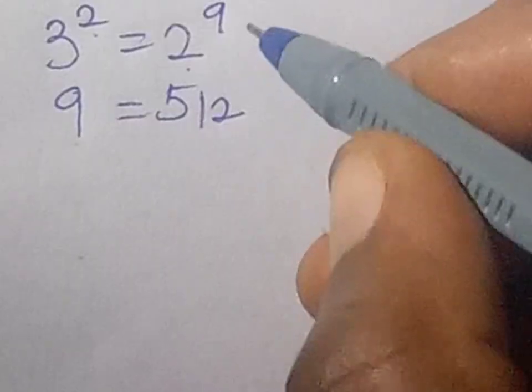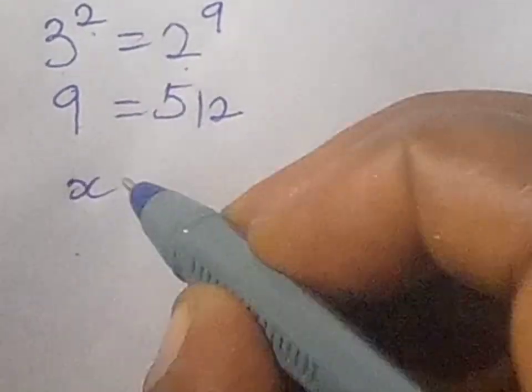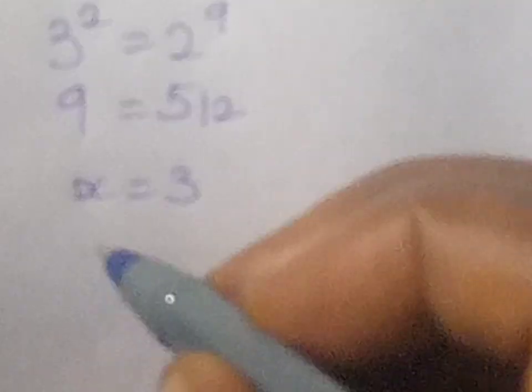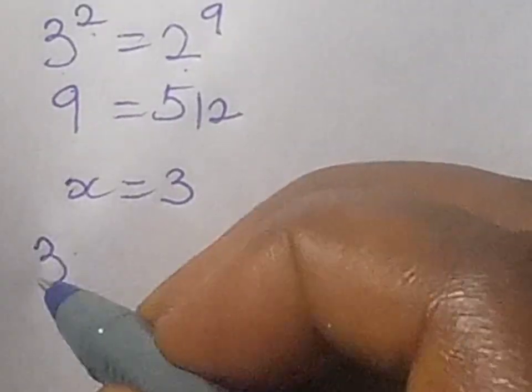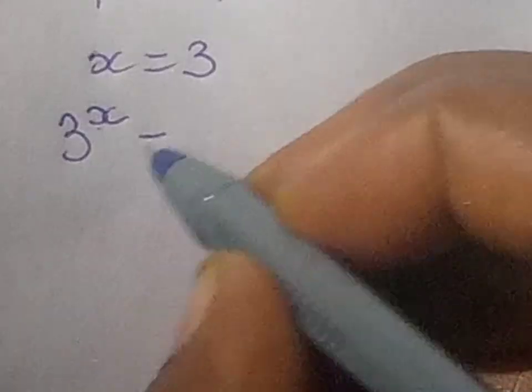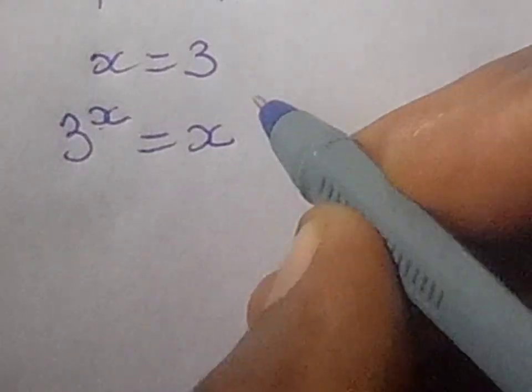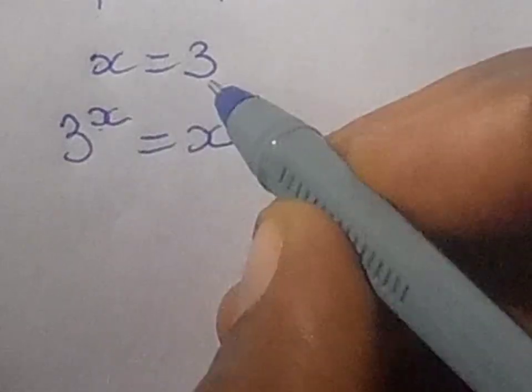The next thing, let's try if x equals 3. Our equation again, 3 raised to the power of x equals x raised to the power of 9, where x equals 3.